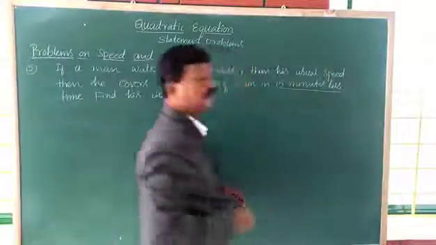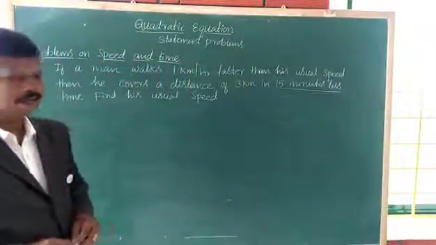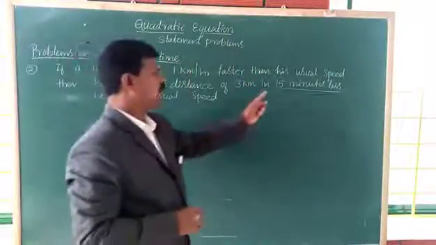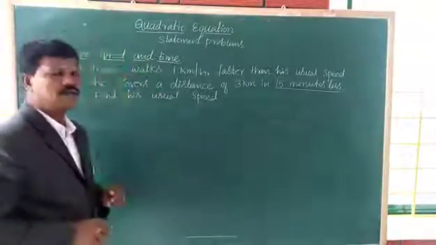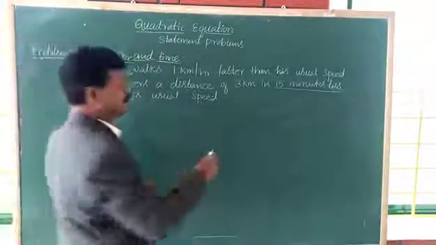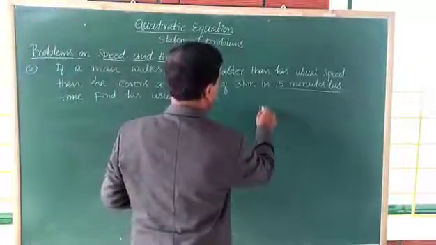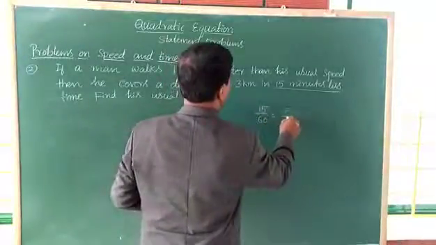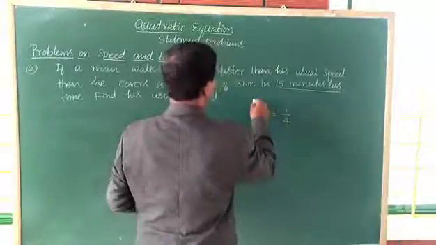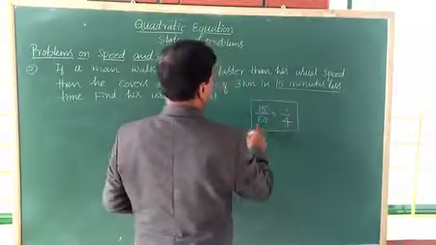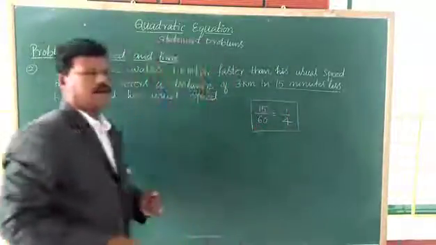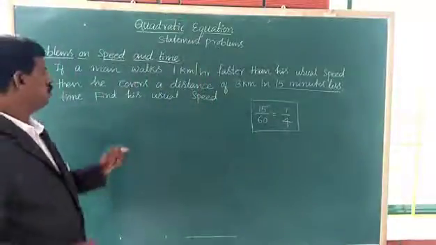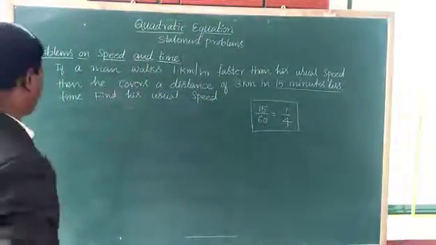Now convert this 15 minutes into hours. 15 minutes into hours means 15 by 60, that is 1 by 4. This is minute to hours. Right. Now find his usual speed.